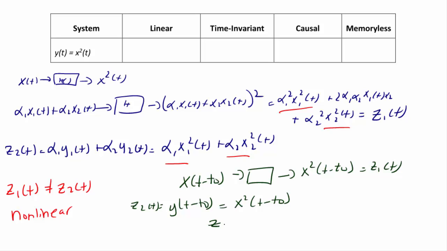So since z1 of t equals z2 of t, we say that we have a time invariant system. So no, the system is not linear, and yes, it's time invariant. And once again, the output at time t only depends upon the input at time t, so we do have a causal system, and it's only dependent upon the present time, so it's also memoryless.